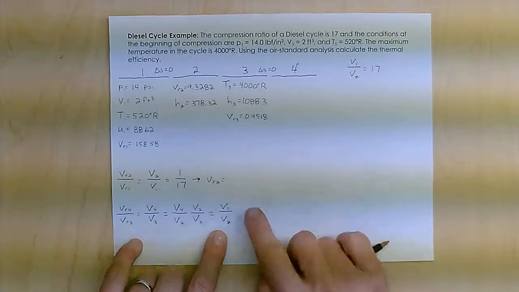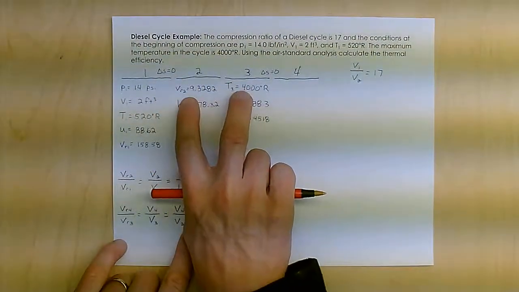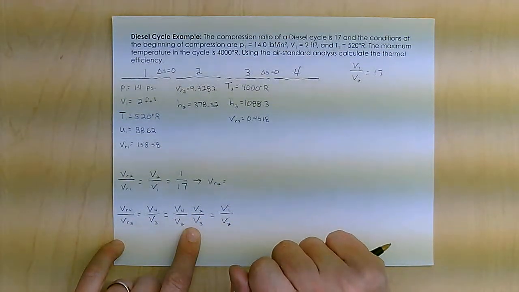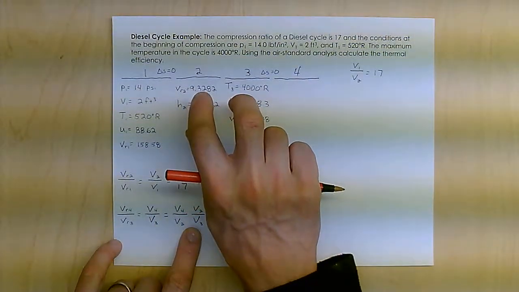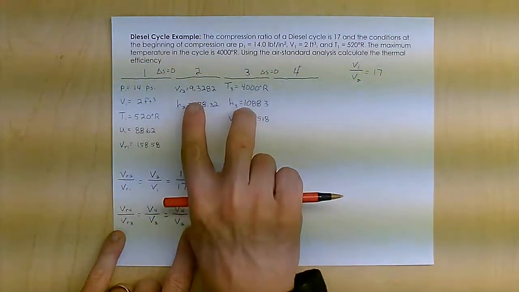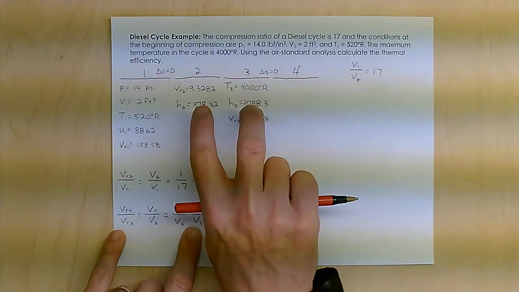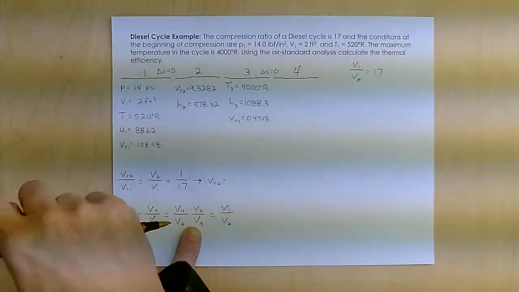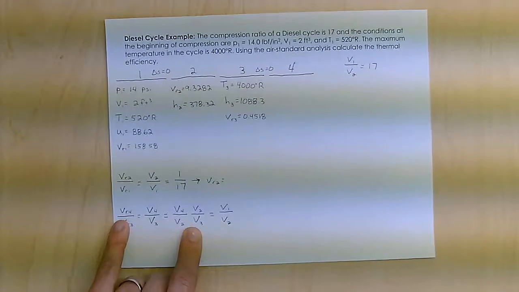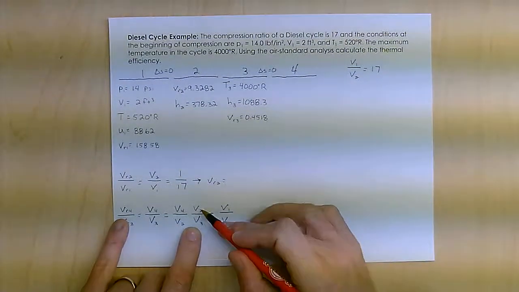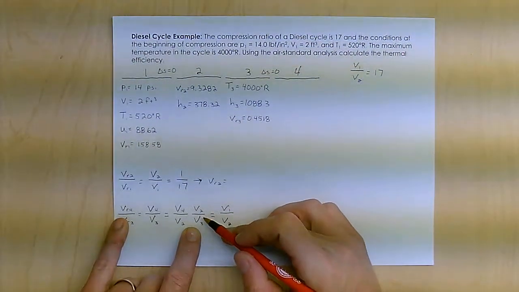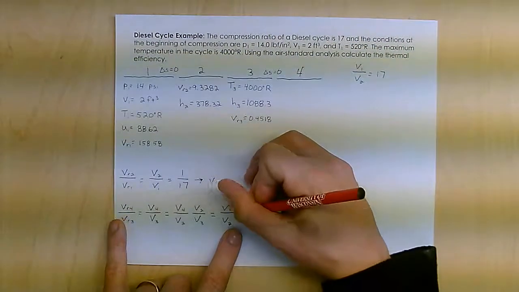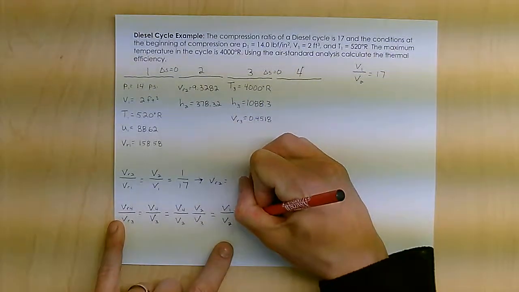And then 2 to 3 is a constant pressure heat addition. Because of the ideal gas model, PV equals RT, if the pressure is constant and R is constant, then V is directly proportional to T. Meaning, instead of using volumes here, I can use temperatures, T2 over T3.